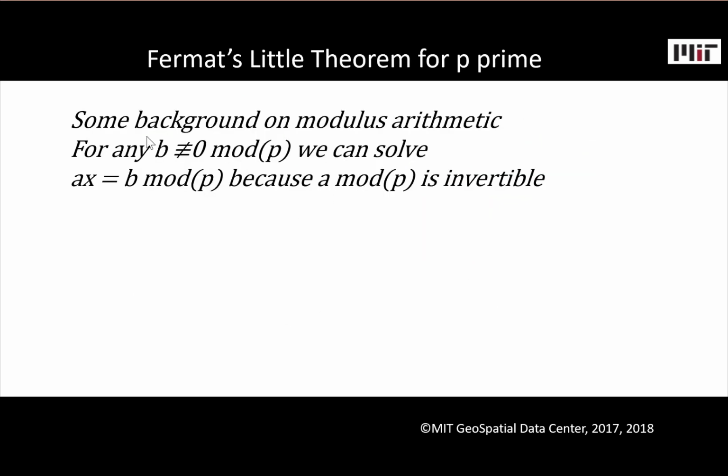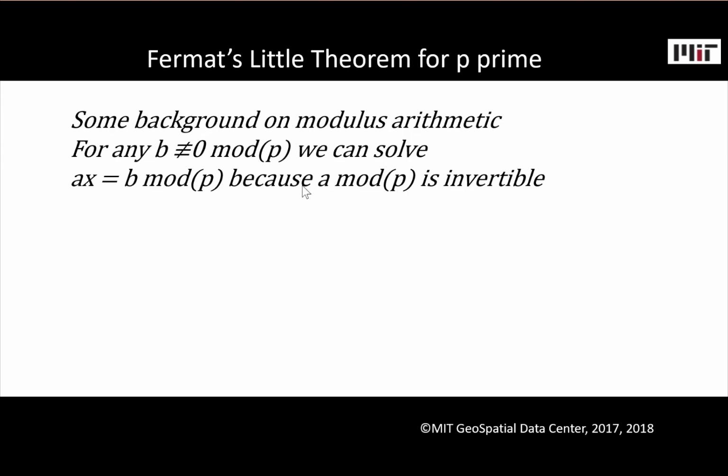So we need some background on modulus arithmetic. We've seen that for some modulus p, if b is not congruent with 0, then we can solve ax equals b with respect to that modulus. And we say that a mod p is invertible.